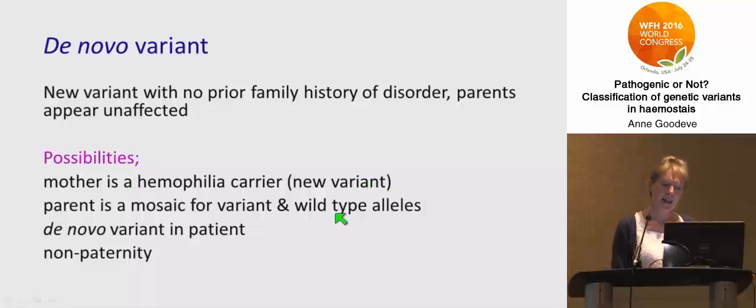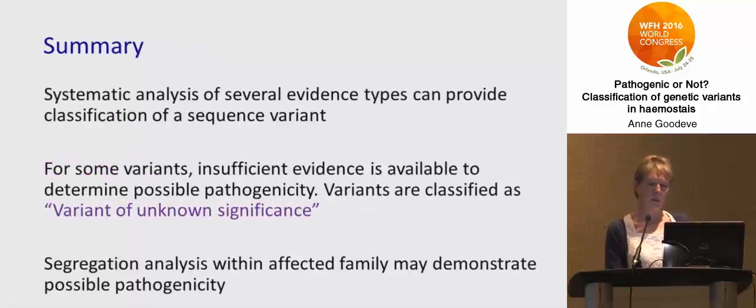So she could be, in the case of a haemophilia family, a carrier, but she's the first individual with a variant. We can have instances where a parent's a mosaic for a variant and a wild type allele, but it's difficult to detect that in the individual, so it appears as a brand new instance of the variant. We can have the de novo variant just in our patient, and we could also have non-paternity in these families. So there are a number of scenarios to look at.